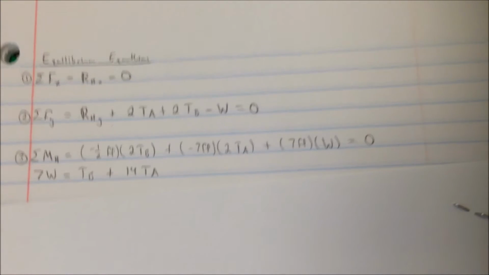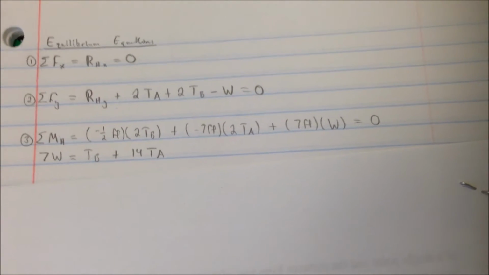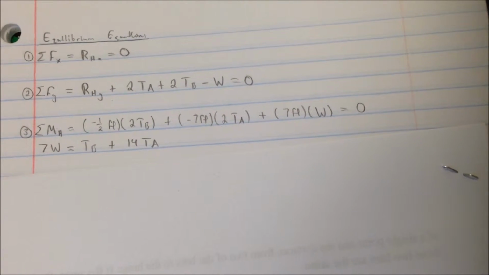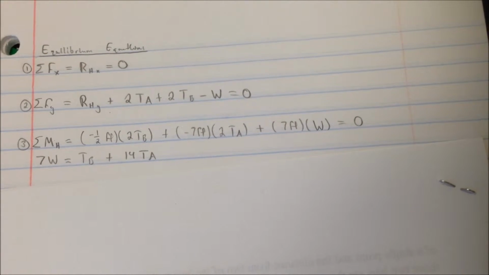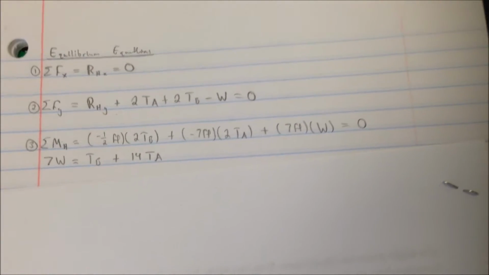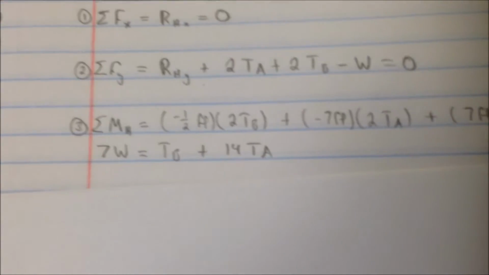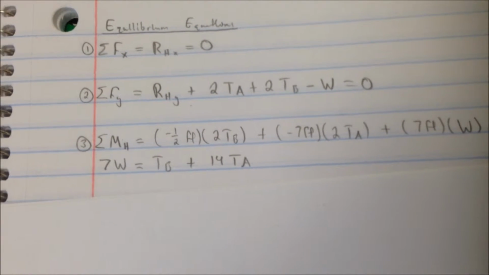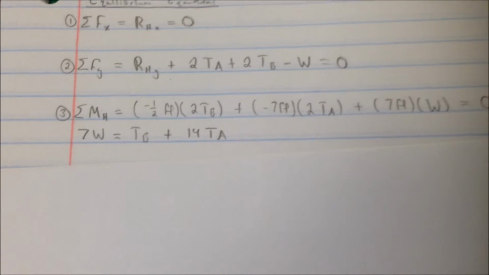And then the weight of the sniper is also 7 feet from the hinge, but its force is in the negative direction, which produces a positive moment. So it's 7 feet times W, and that all has to sum to equal 0. As you can see, 7W equals tension in B plus 14 times the tension in A.